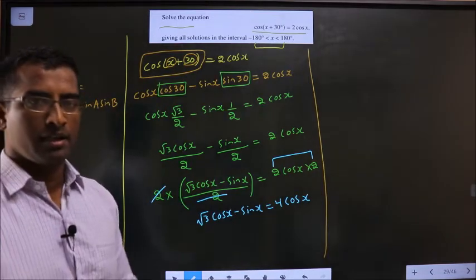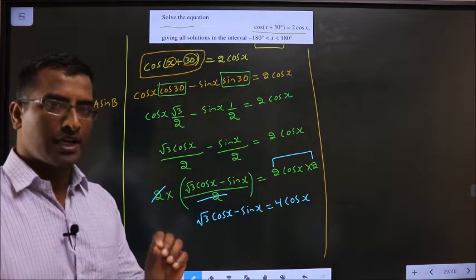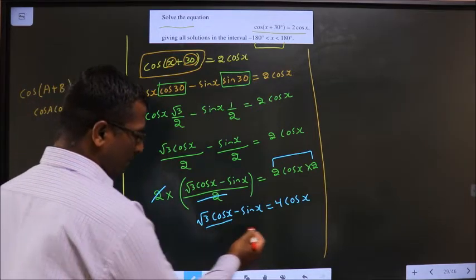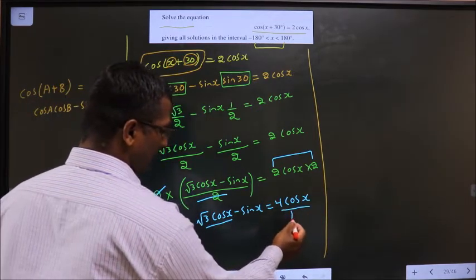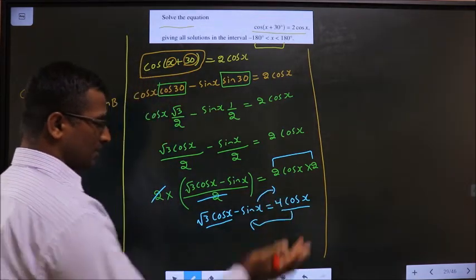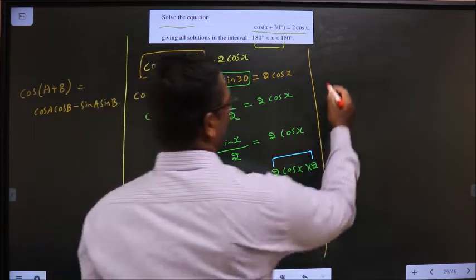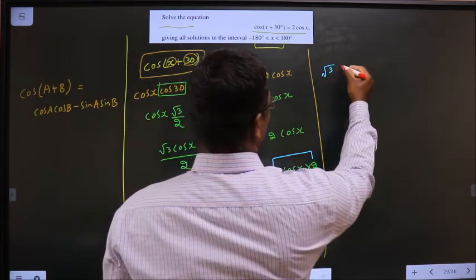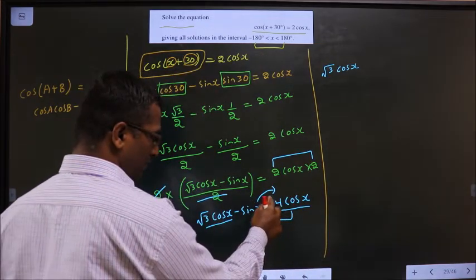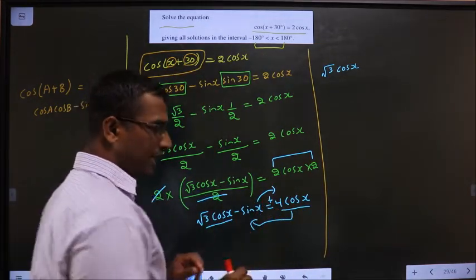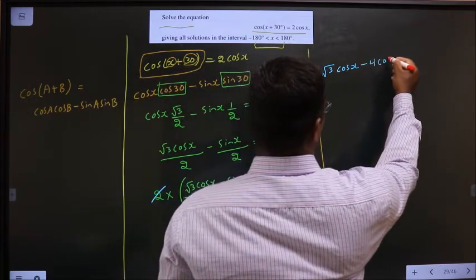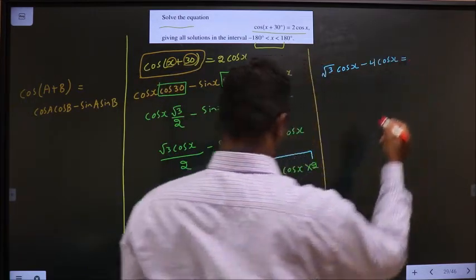Yeah. Now take all cos to one side. What I mean is, here you have a cos, here also you have a cos. So take this side and shift the sign to the other side. So this is root 3 cos x. Here it is plus 4 cos x. After shifting it will become minus 4 cos x equal to.